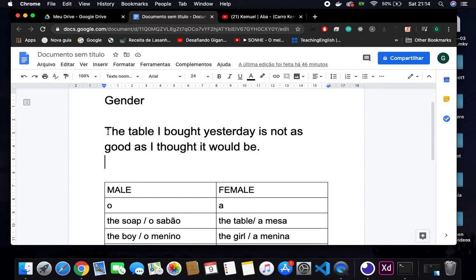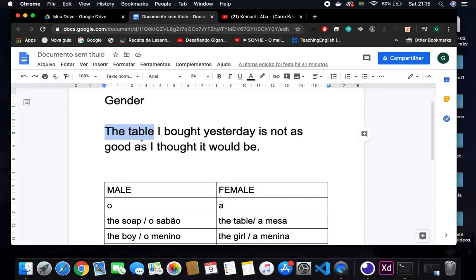as I've already said, I need to translate table along with its gender. Okay, so when I say the table in English, it's neutral. You don't need to know if it's male or female.